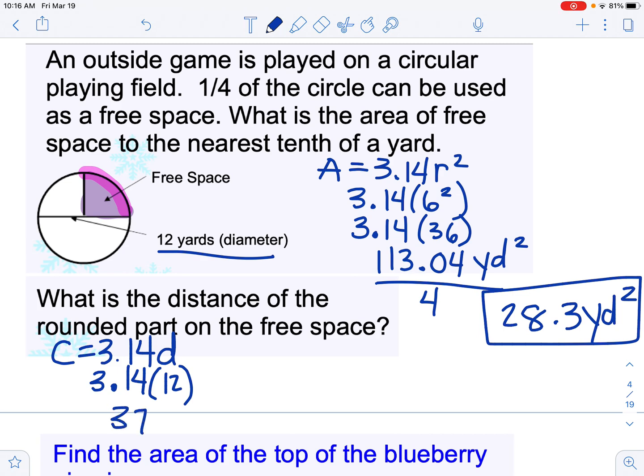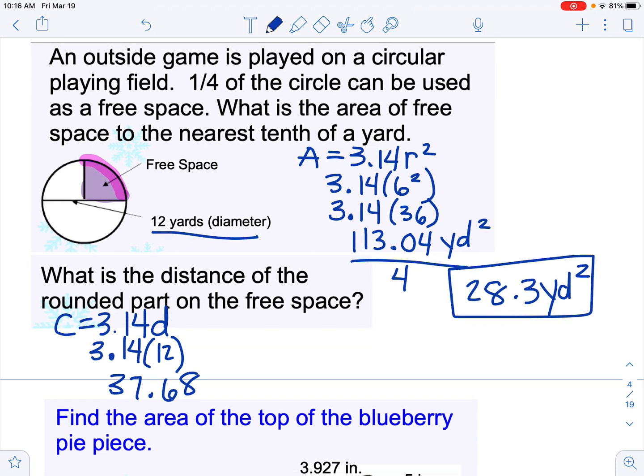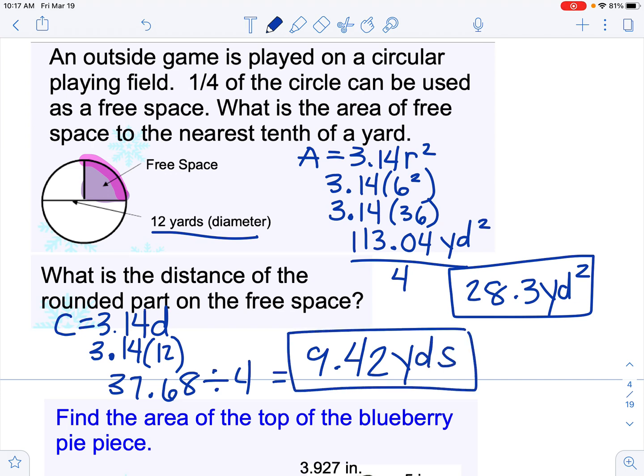And I get 37.68. And then, since we're just finding the 1/4 of that, I'm going to divide it by 4. And I get 9.42 yards. Since it's just a distance, we don't do it squared. That's only for area.